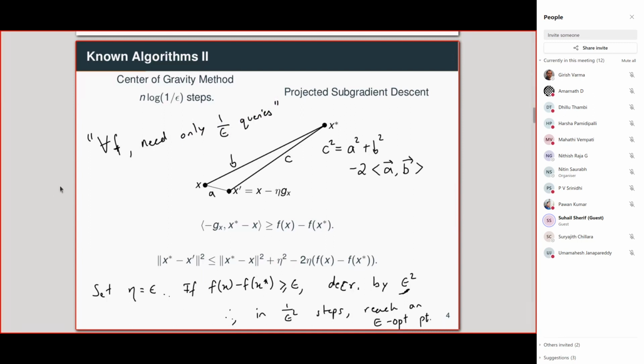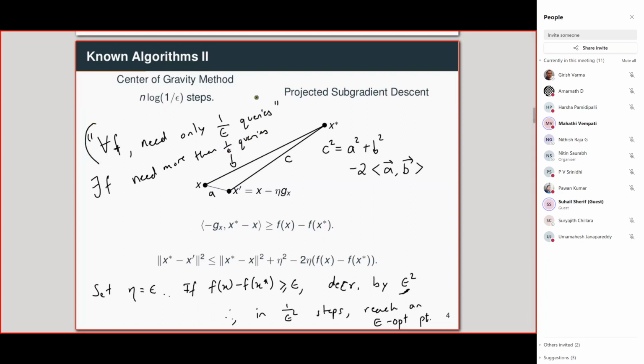The negation of this would be just there exists an f such that you need more than 1 by epsilon queries. So our lower bound is to be thought of as really against these kinds of general statements. It is a statement against general algorithms, and to refute it, you only need a specific function. So we don't have a statement for generic functions, but we have a statement against generic algorithms.